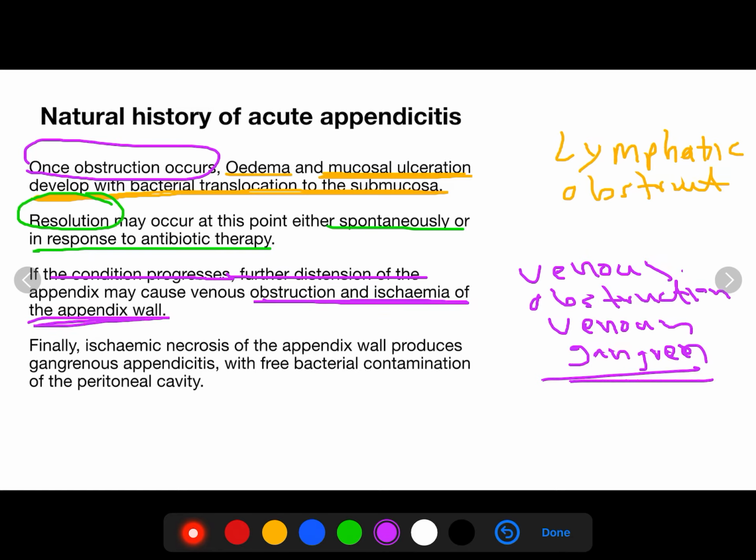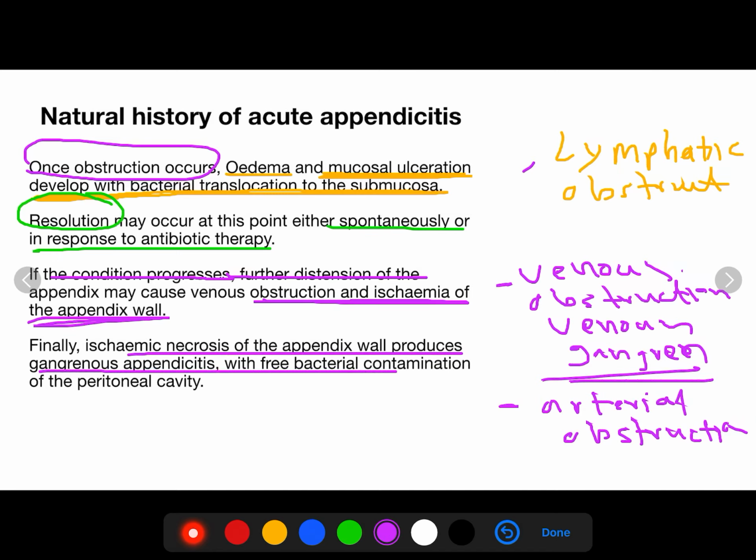Finally, the ischemic necrosis of the appendix wall produces gangrenous appendicitis وراح يؤدي إلى free bacterial contamination of the peritoneal cavity. يعني يصير perforation للابندكس وfree peritoneal contamination، يصير عندنا peritonitis. هذا من ضمن الnatural history.